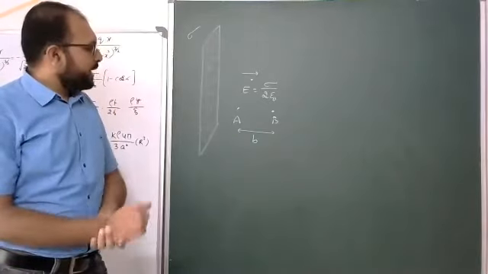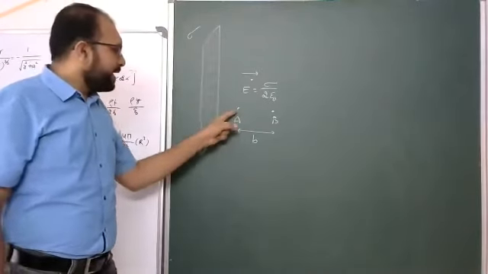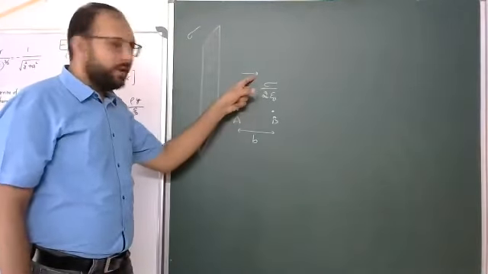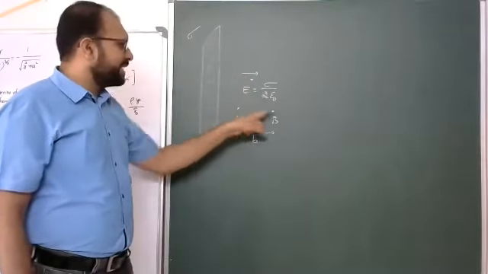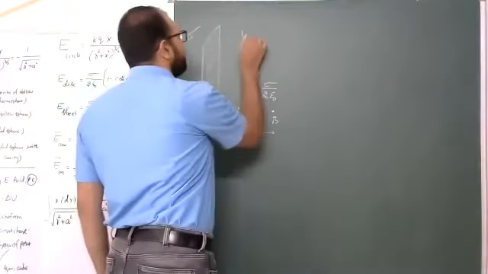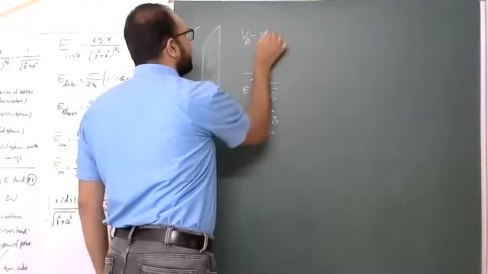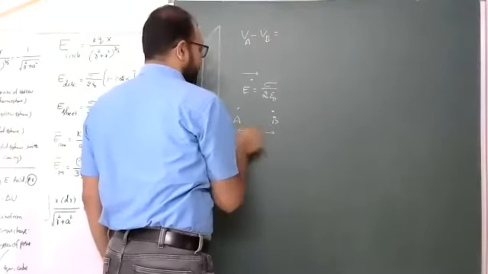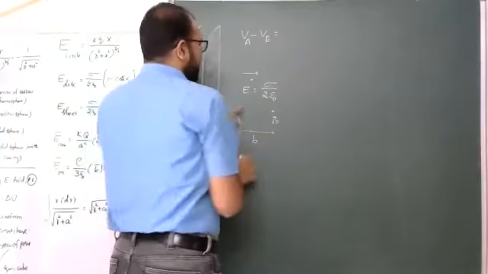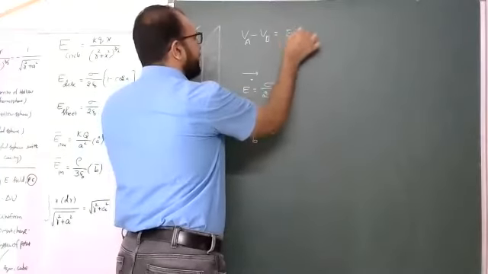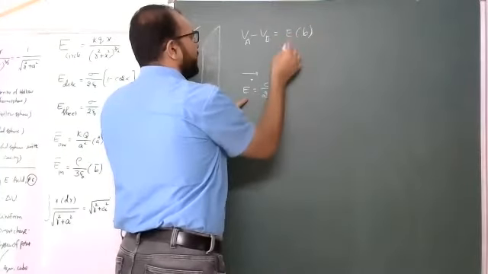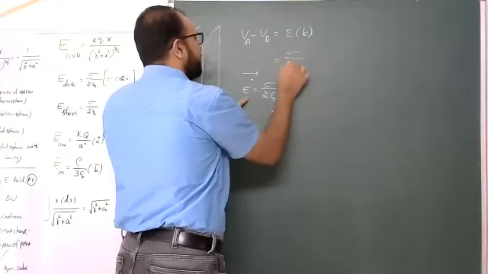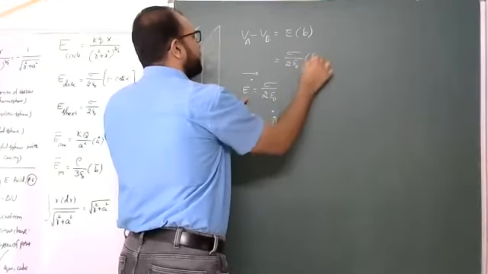So here the electric field goes from A to B, that's why VA is greater than VB. VA minus VB equals the electric field into the distance. We know the electric field is sigma by 2 epsilon naught.